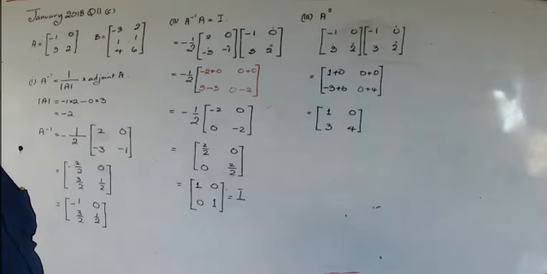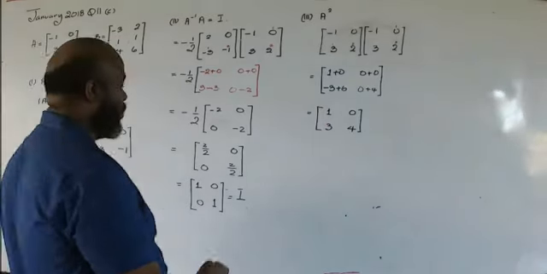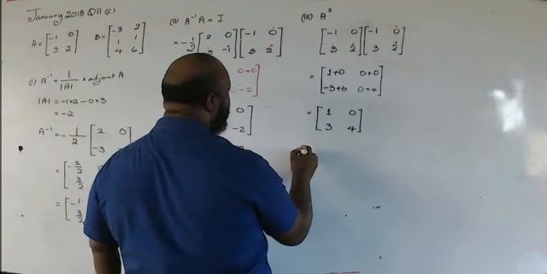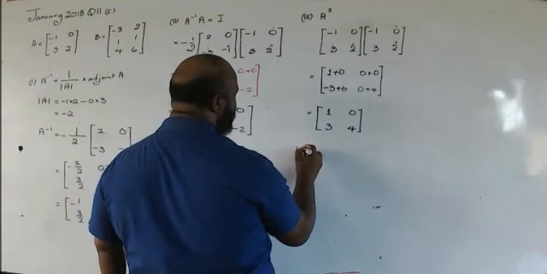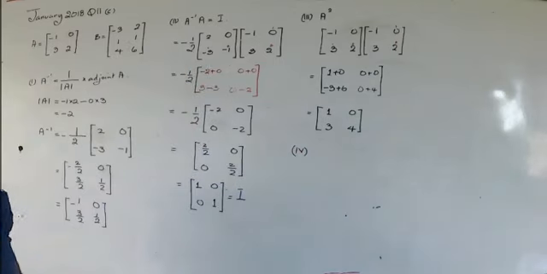Alright. Explain why the matrix AB is not possible. You tell me. Why is the matrix AB not possible?